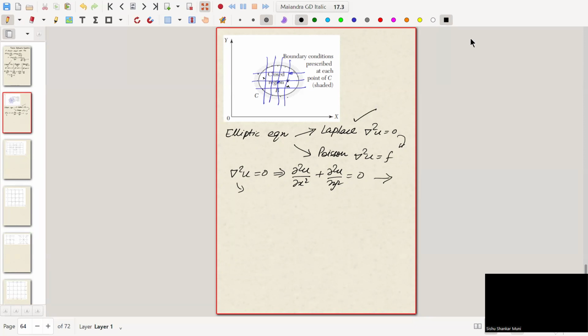That's the aim. This course is not aimed at solving PDEs analytically. We have constructed this grid, dividing the region into a network of square mesh. Now it is not looking like a square, but assume it's a square.